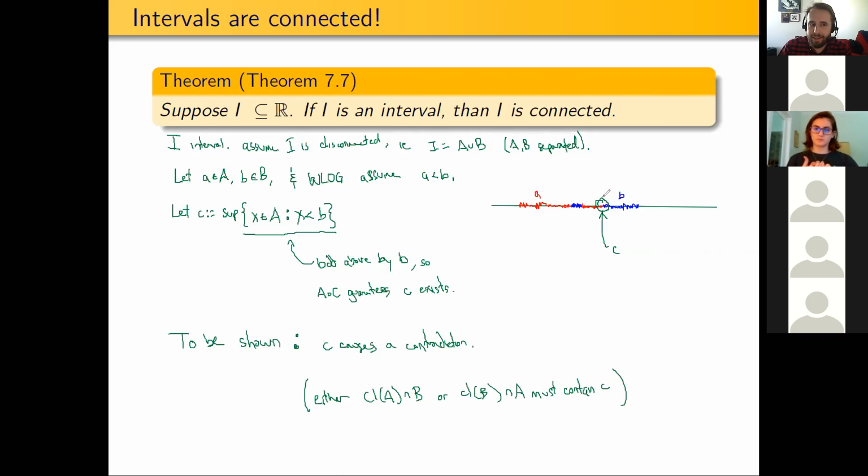And we can sort of see that, not rigorously, but we can guess that that's probably the case by looking at this picture. C is describing a specific point where set capital A and set capital B are kind of meeting, and that will be a problem for the idea of A and B being separated from each other.